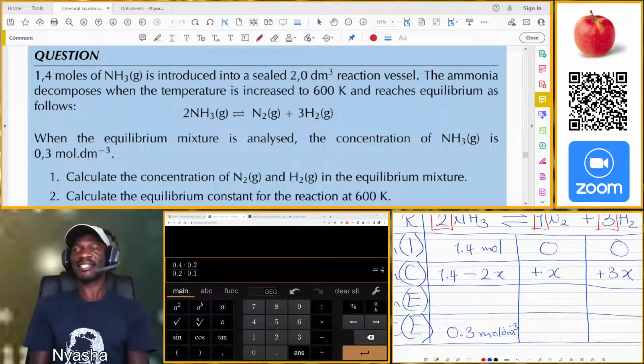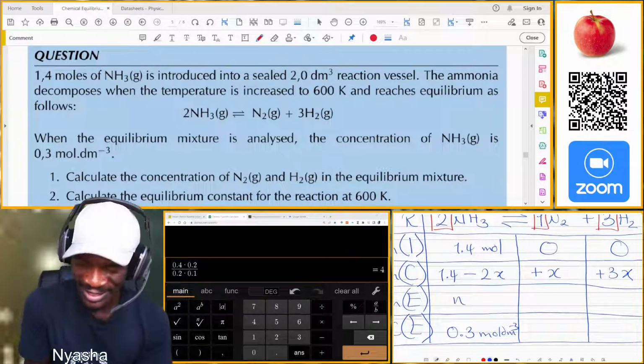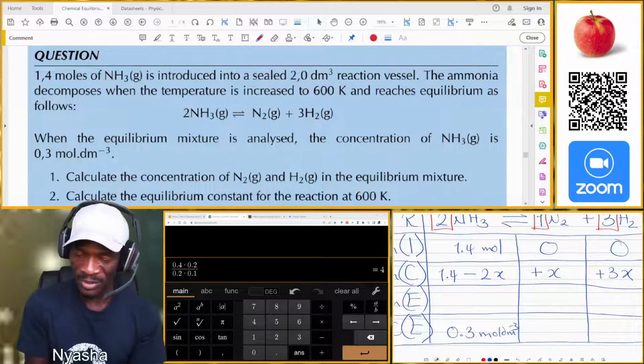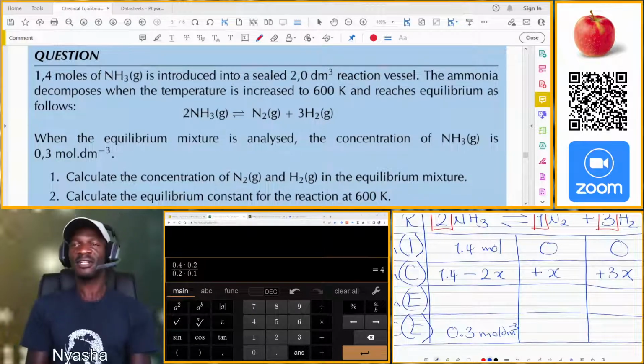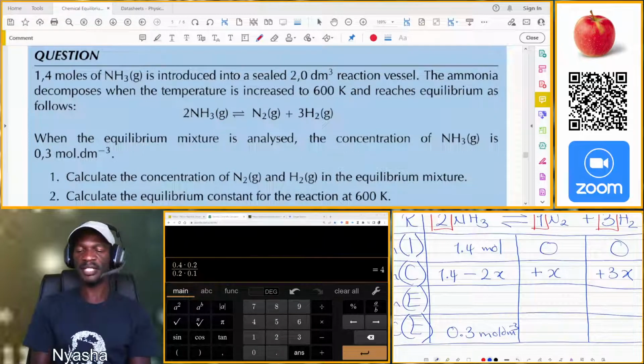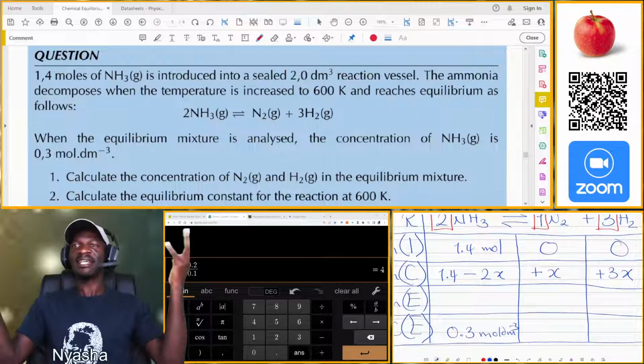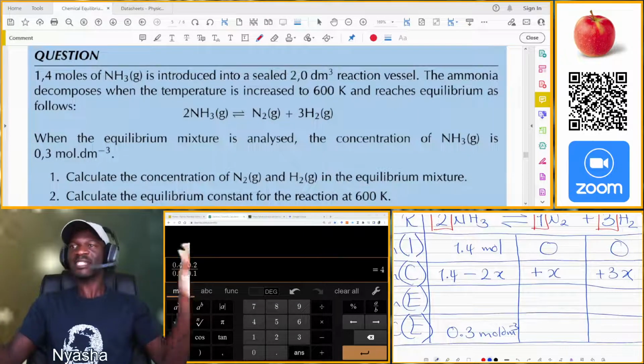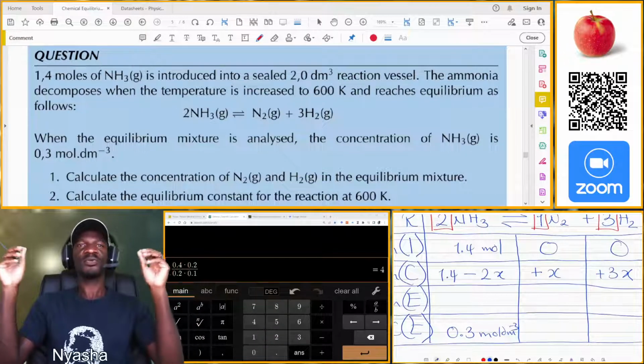We don't know the number of moles at equilibrium, but we know the concentration of NH3. So the first question now is to calculate the concentration of N2 and H2 gas.